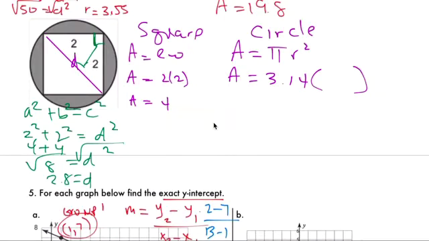So the radius then is 1.4. So 3.14, put it in your calculator, times 1.4 times 1.4, which is 6.15. That's a 5, so it's rounded to 6.2.